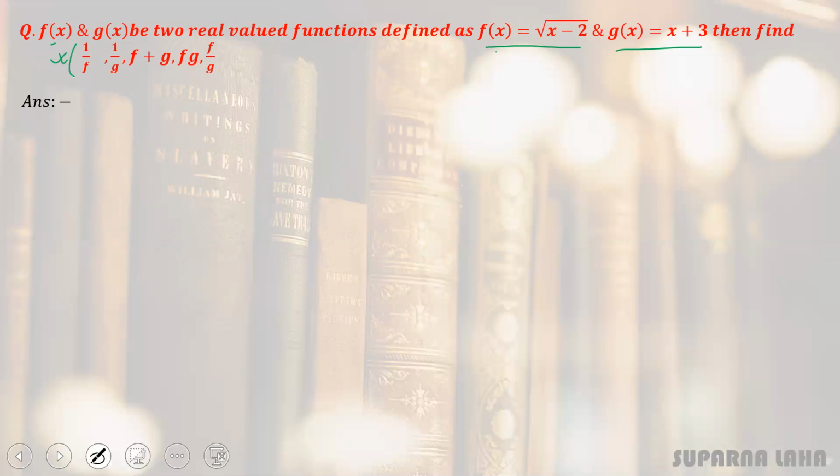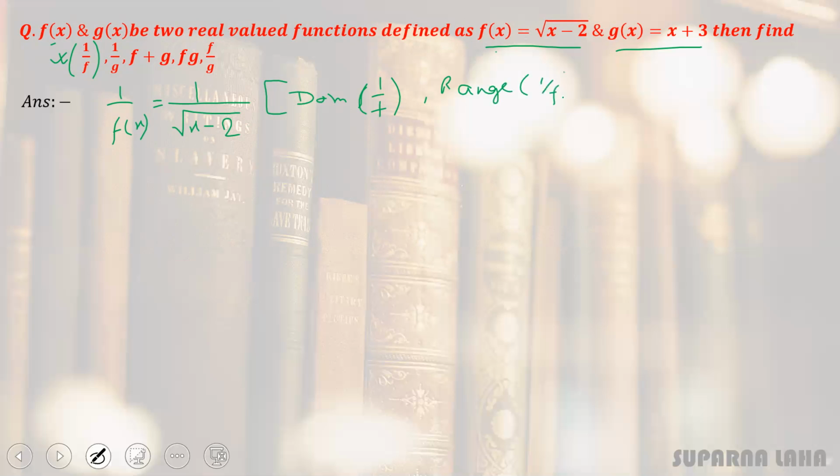Firstly, find 1 upon f. 1 upon f is 1 upon root over x minus 2. 1 upon f(x). Now your homework is to find the domain of 1 upon f and the range of 1 upon f. This is your homework.